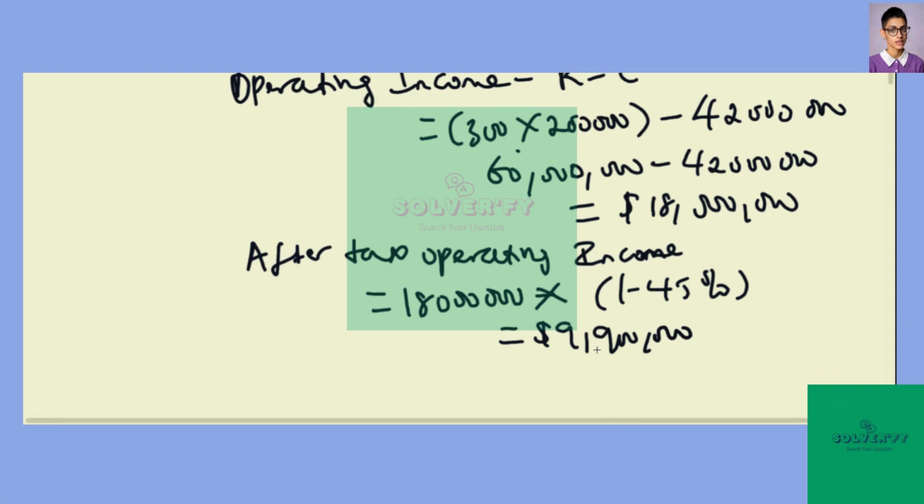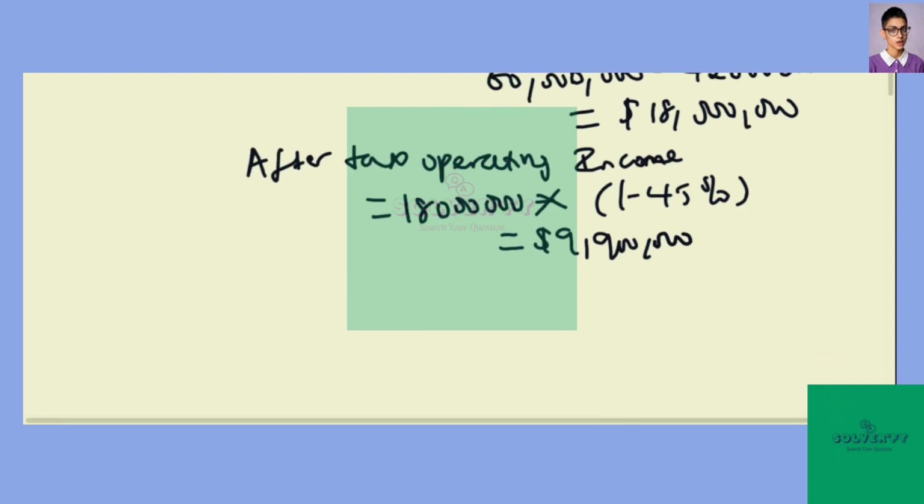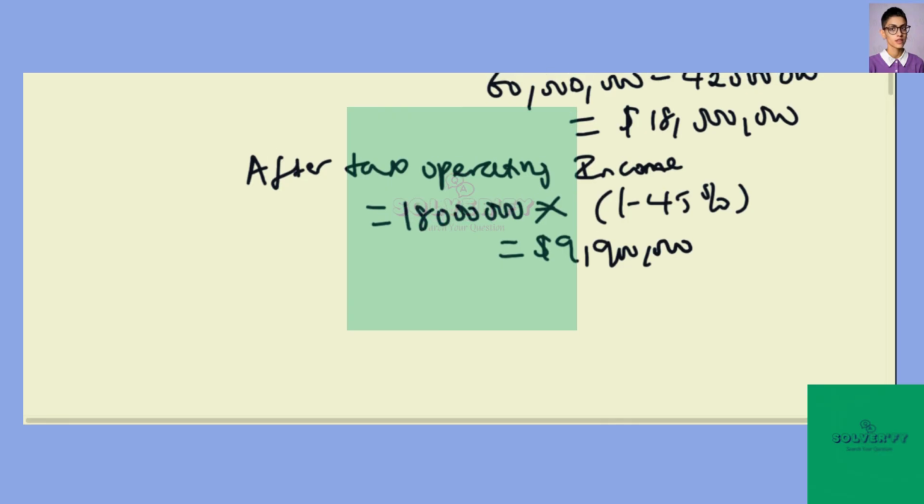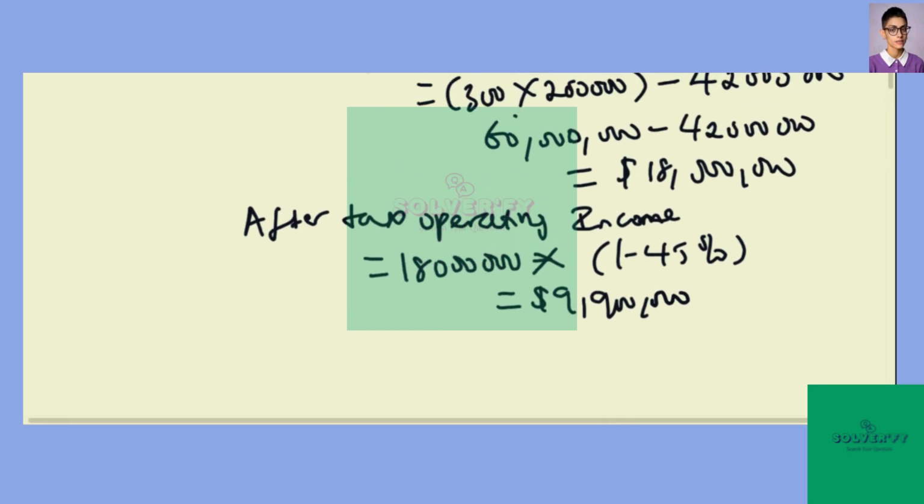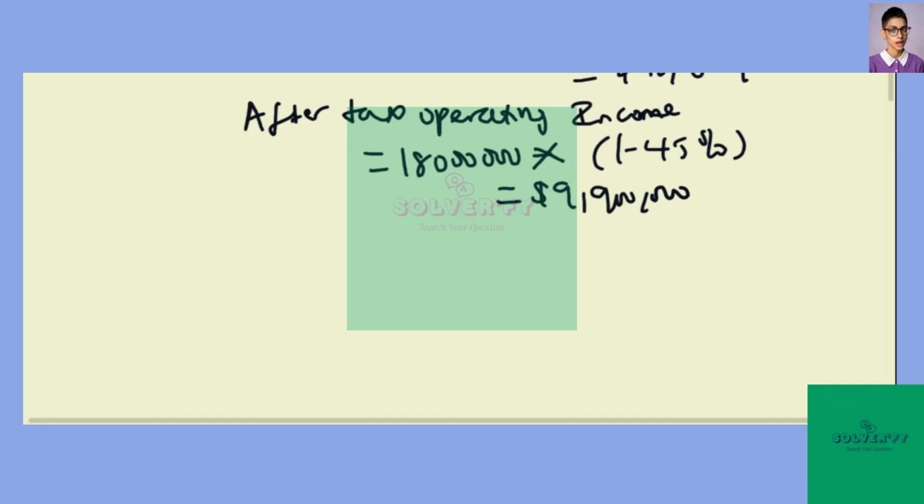So that's the after-tax operating income. We've shown this in working, so we have found the after-tax operating income for the first one, which is at full manufacturing cost per unit.